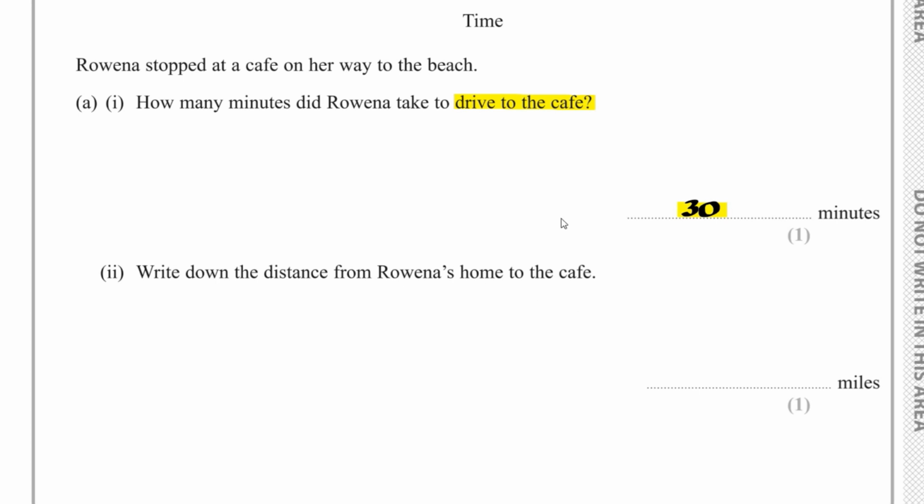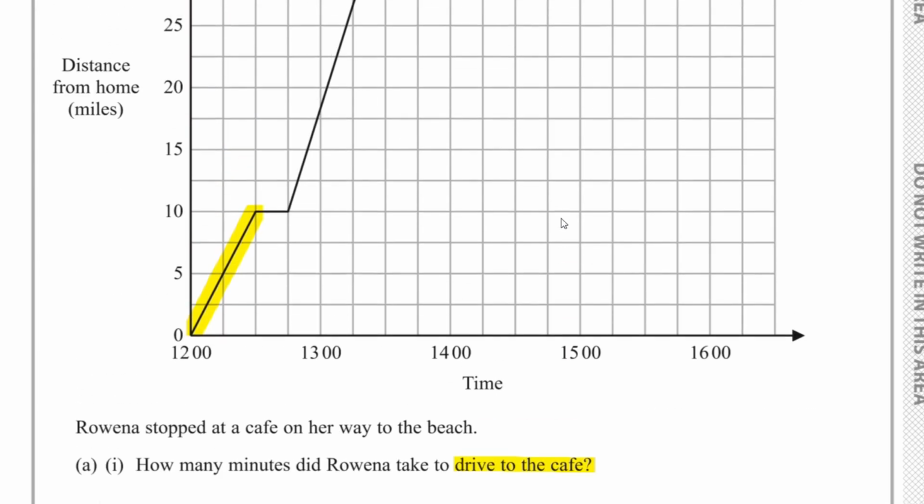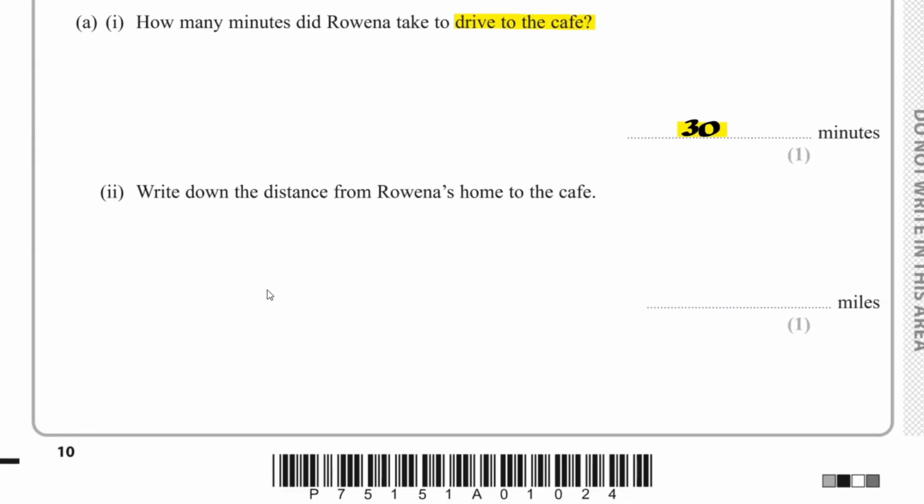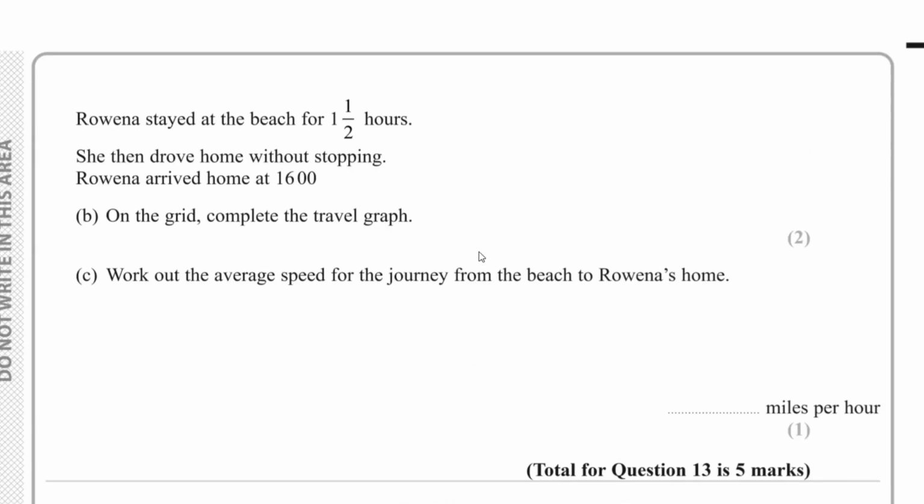We have to write down the distance from Rowena's home to the cafe. So the distance from here to here is given by 10 miles. Rowena stayed at the beach for 1.5 hours. She then drove home without stopping. Rowena arrived home at 1600 hours, which is the same as 4 o'clock. For part B, on the grid we have to complete the travel graph.